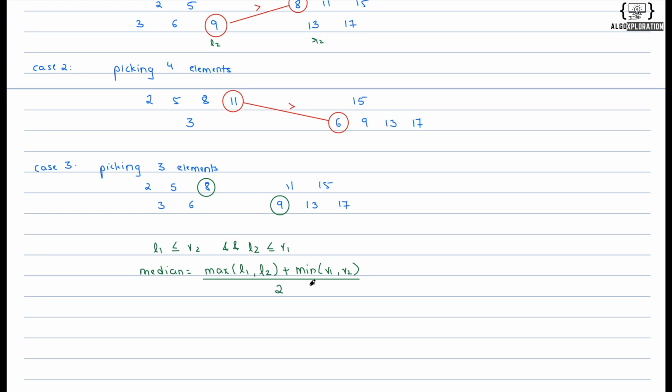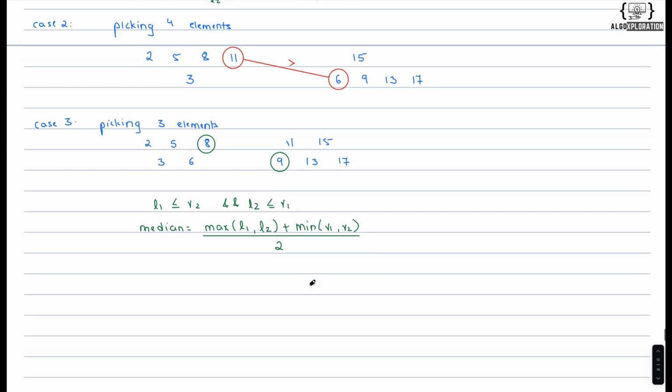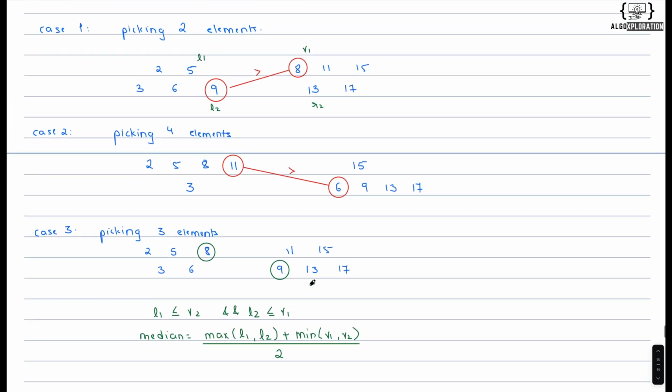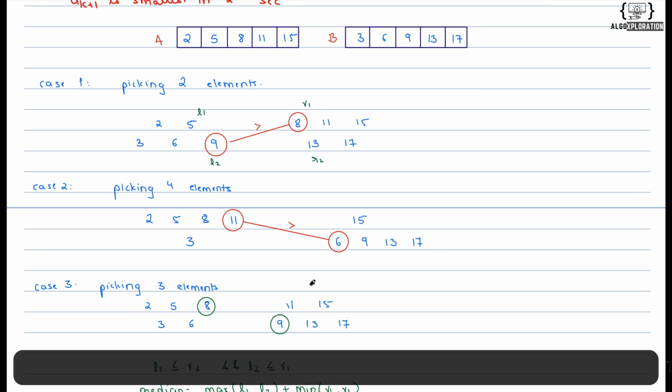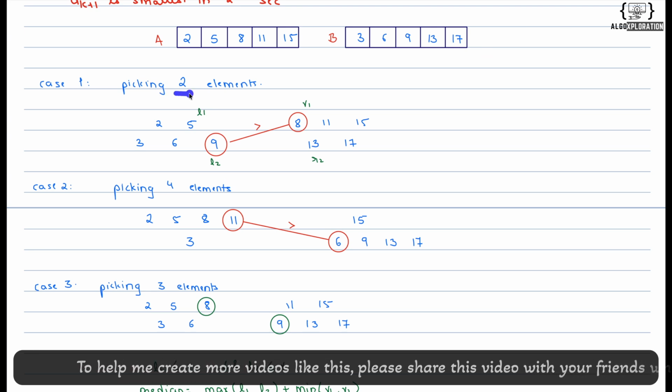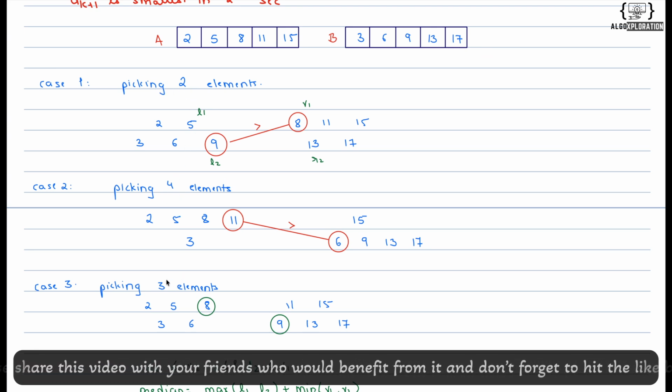Now I believe you got this. Now the question arises that since both the arrays are in sorted order, can we apply binary search in this? That means picking either 2 elements, 4 elements, 3 elements, 0 elements, n elements, and so on.